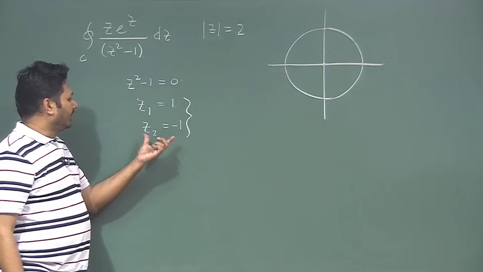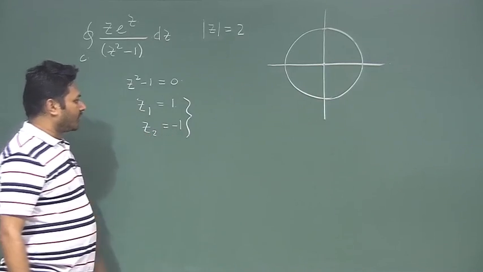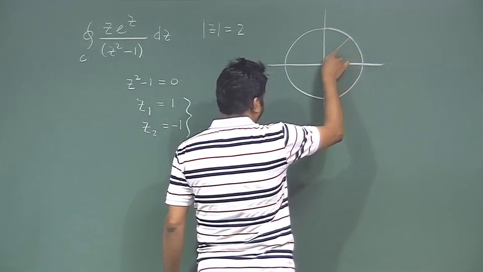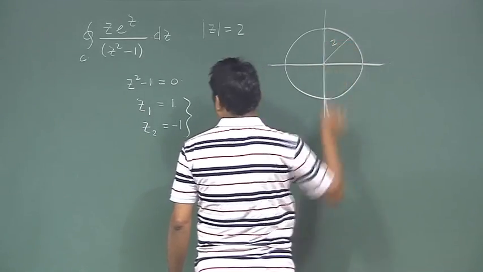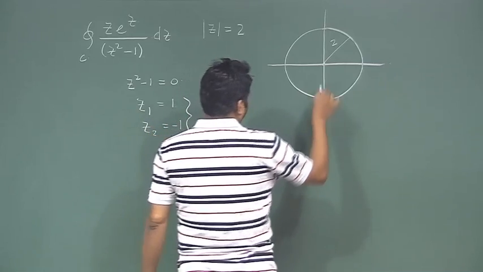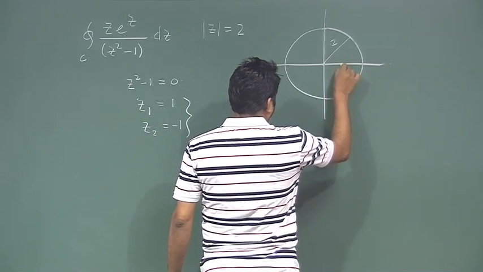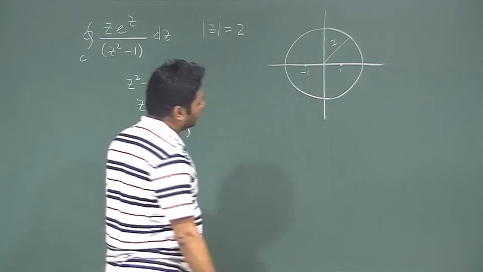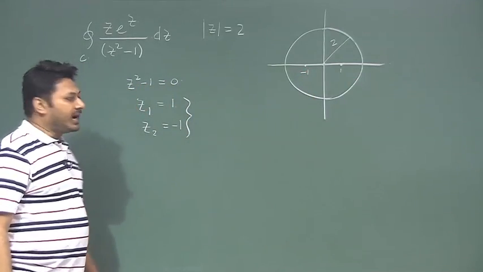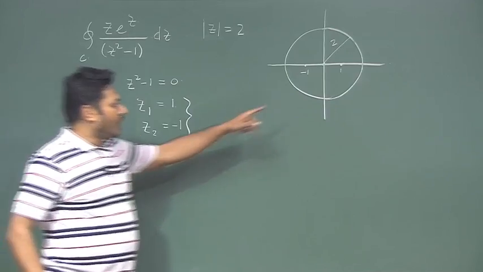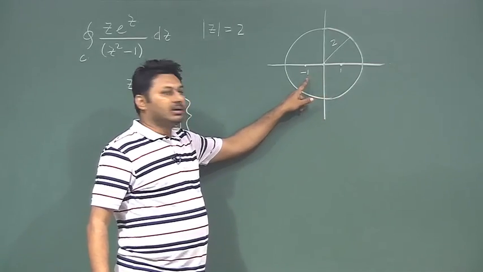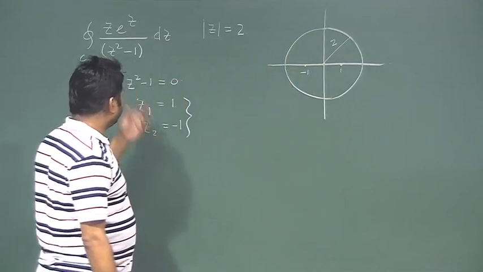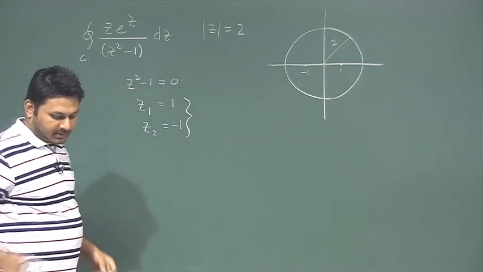If this radius is 2, then 1 and minus 1 are this point and this point. So, in this example we find that both the points 1 and minus 1 are inside the region. So, I need to calculate the residue at both these points.